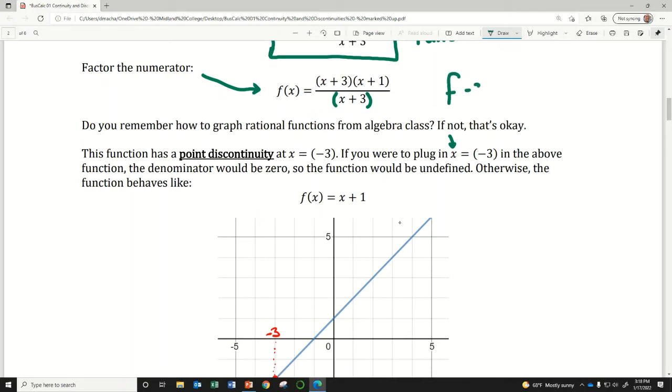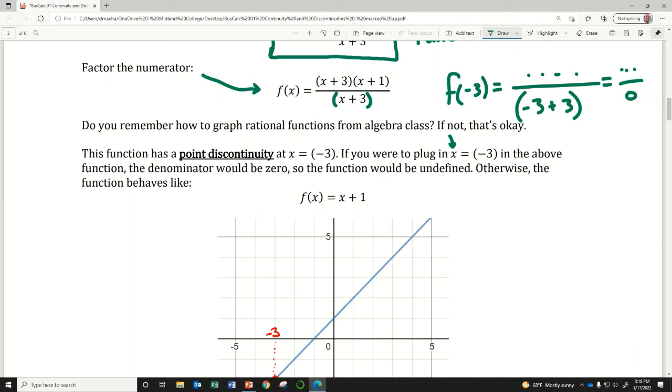So again, let me just write this out. If I evaluate f of -3, I have something going on up here for my numerator, but my denominator becomes -3 plus 3. So my denominator becomes 0. And we can't divide by 0, and so the function is actually undefined here.